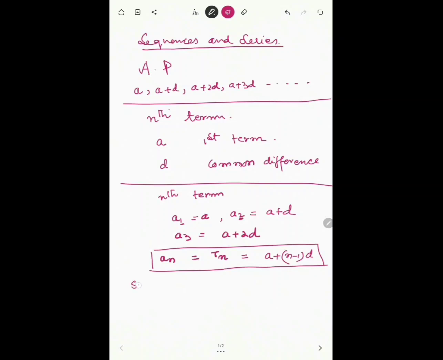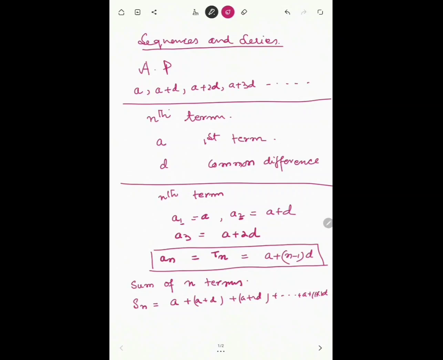Now, sum of n terms. We will write down sum of n terms as A, A plus D, A plus 2D, and let us write down the nth term as A plus n minus 1 into D, right?